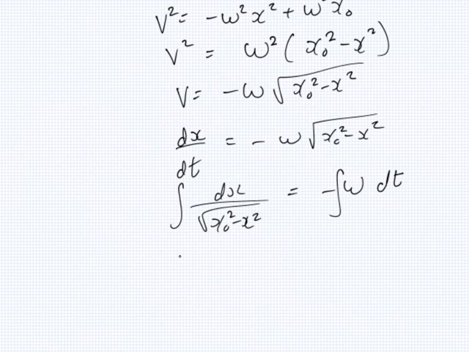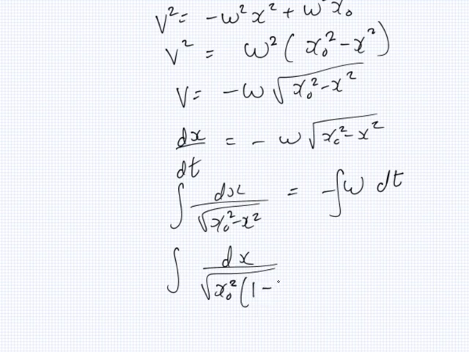What I'll do next is divide out the x0 squared, so I take that out and I'm left with 1 minus x over x0 squared. And this becomes minus omega t plus c. I just took the x0 out of these two.